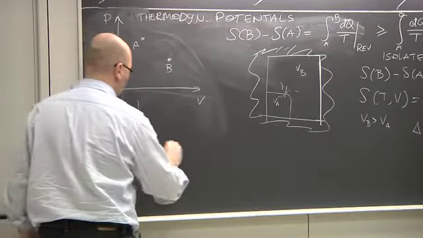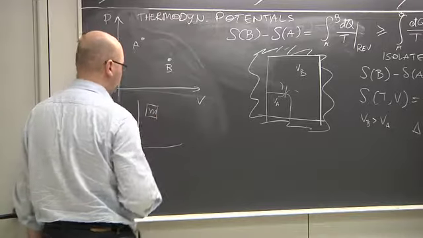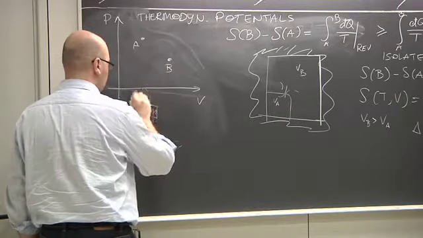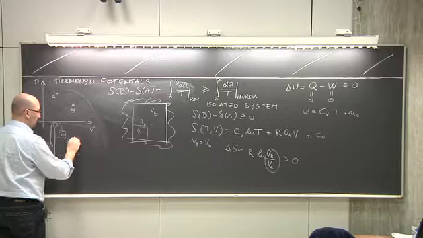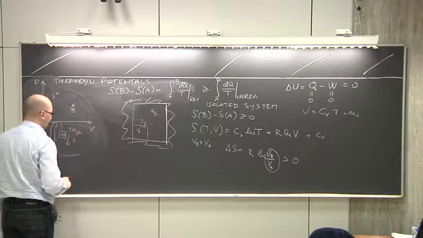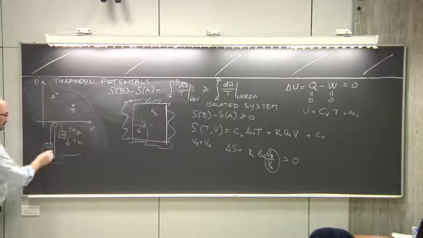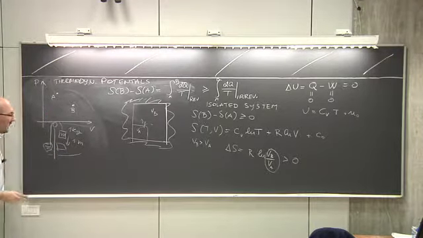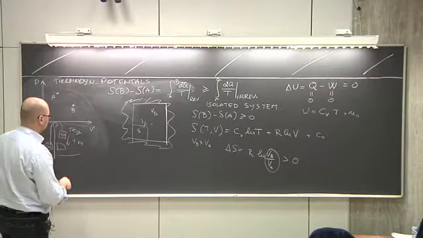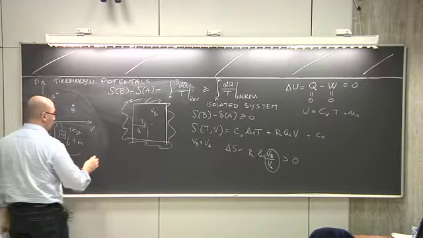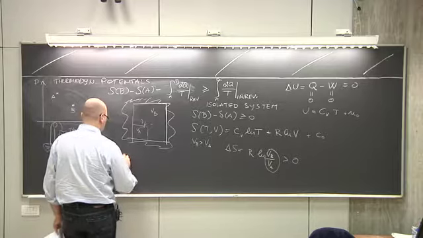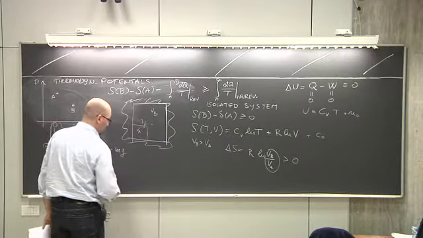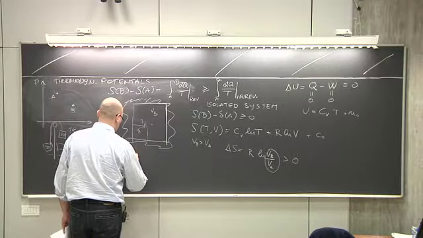If I have a mass here, and there are some pulleys and other things, and this is attached to an engine or something, and the mass drops by 1 meter, its potential energy changes, and the change in potential energy is equal to the work done by the system, which in this case will be minus m, which is 1 kilogram, times g, the gravitational constant, times delta h.